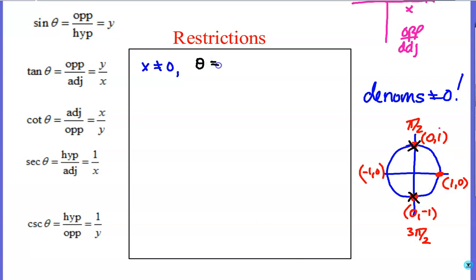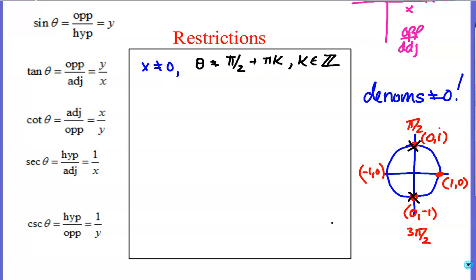So theta cannot be pi over 2. You can't have a pi over 2 angle. And then I want to get rid of anything that's half a circle away. How much is half a circle? Pi. So instead of 2 pi, I'm going to do pi k. And then remember, k is an integer. Okay, so that would get rid of all angles that have an x value of 0.